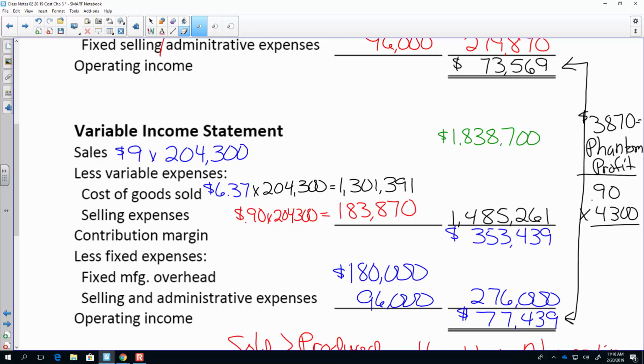I hope that's right. Produced was 204,300, sold was 200,000. Yeah, that's correct. Does it come out to 3,870?